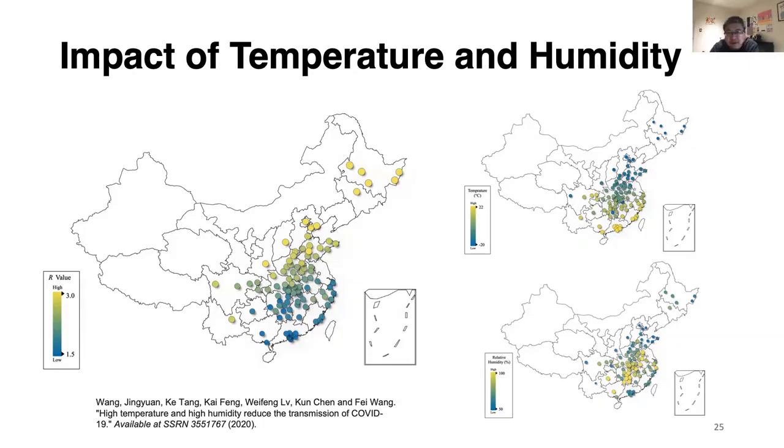This figure shows the average R values from January 19 to 23rd, 2020 for 100 Chinese cities. This is the R value, this is the average temperature, and this is the relative humidity distribution.